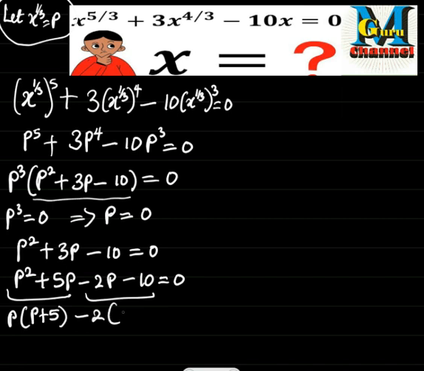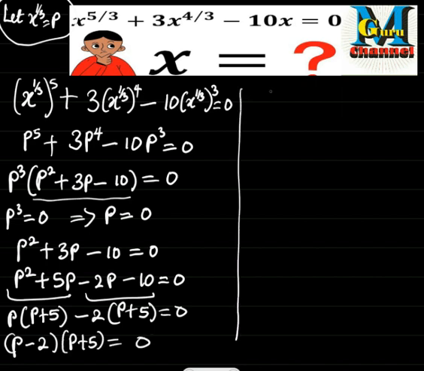We'll be left with p plus 5 as well, and this will be equal to 0. That is to say, (p minus 2)(p plus 5) equals 0. So we have either p minus 2 equals 0 or p plus 5 equals 0. So p is equal to 2 or p is equal to negative 5.